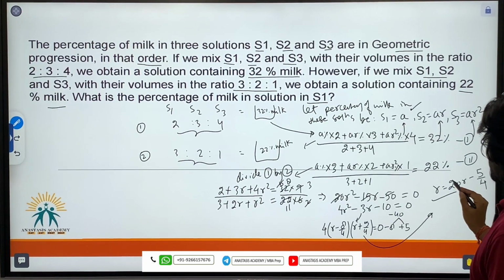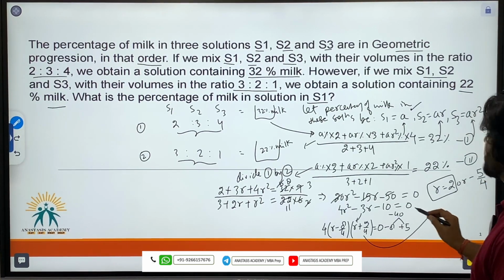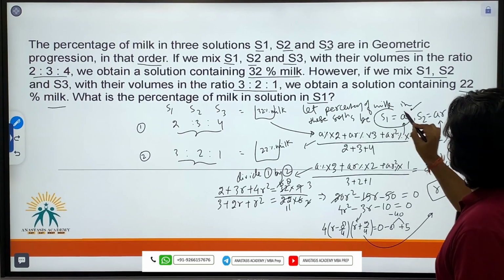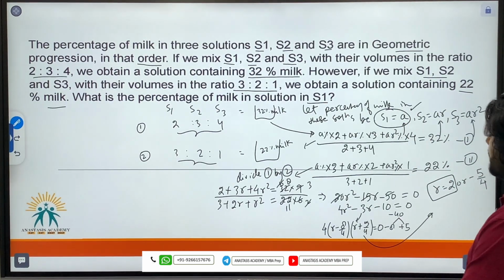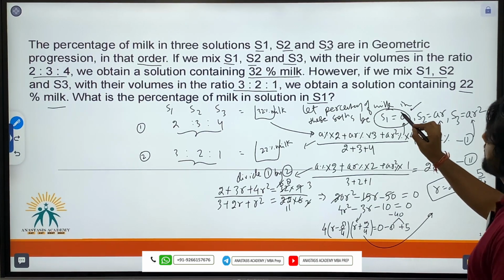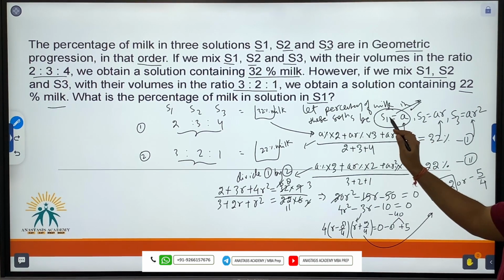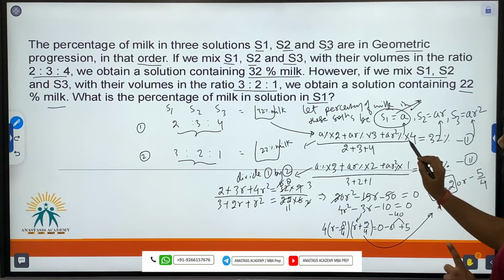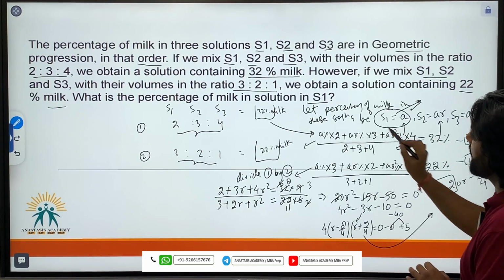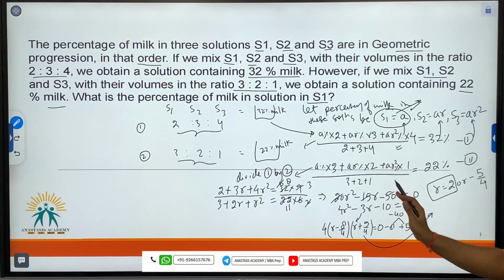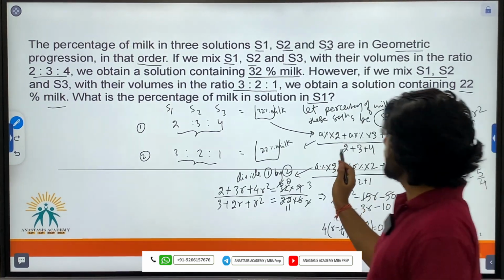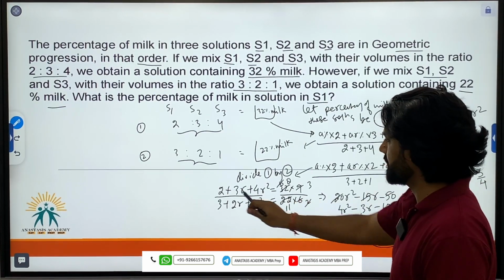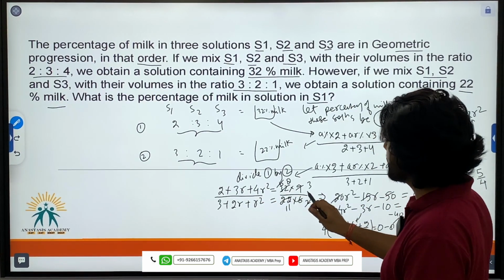Now if I use this value r equal to 2, I can find the value of A, right? I have to find the value of this variable A, which is the percentage of milk in solution 1. So use r equal to 2 and put this value of r in equation 1 to get the value of A. I am using this equation: 2 plus 3r plus 4r square is equal to 32 into 9.